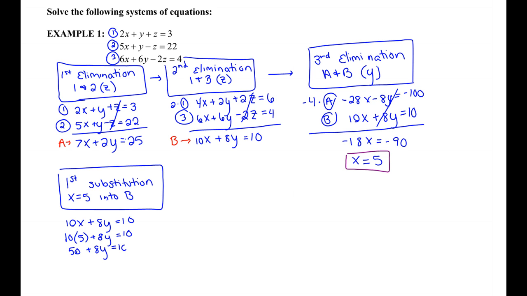And if I subtract 50 from both sides, I get 8y is equal to negative 40. And if I divide both sides by 8, we find that y is equal to negative 5. This is going to lead us to our second substitution.